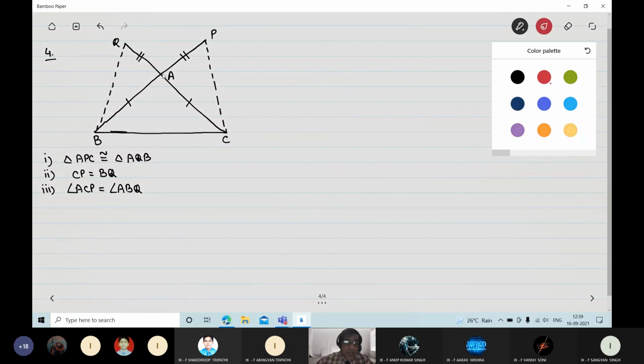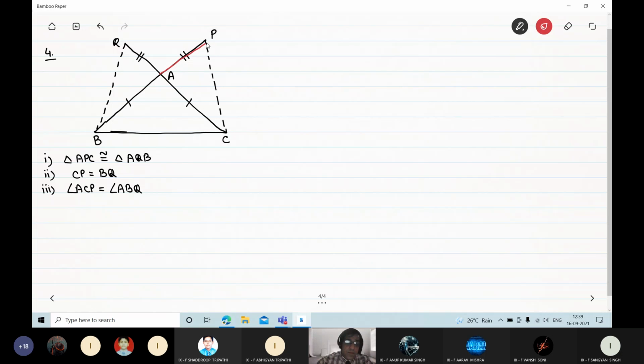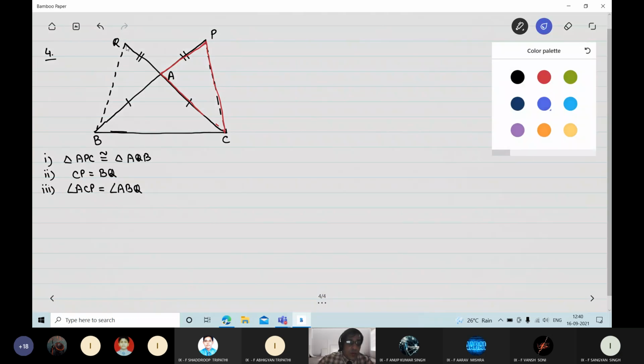The first triangle is APC. This is the first triangle. The second triangle is AQB.